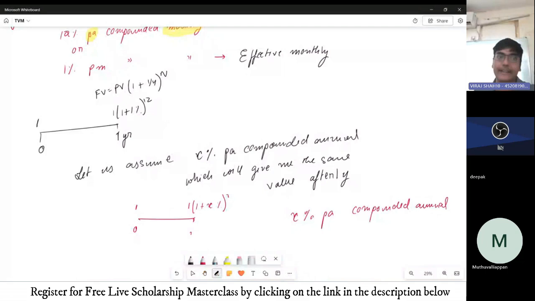What will be my equivalent rate for 1% compounding monthly? इसका बेसिक मतलब यही है कि आपको ये 1% per month compounded monthly को convert करना है to X% per annum compounded annually, so that your future value stays intact. So can I write this as 1 into 1 plus X% to the power 1 is equal to 1 into 1 plus 1% to the power 12. And now can I find X? Got it?